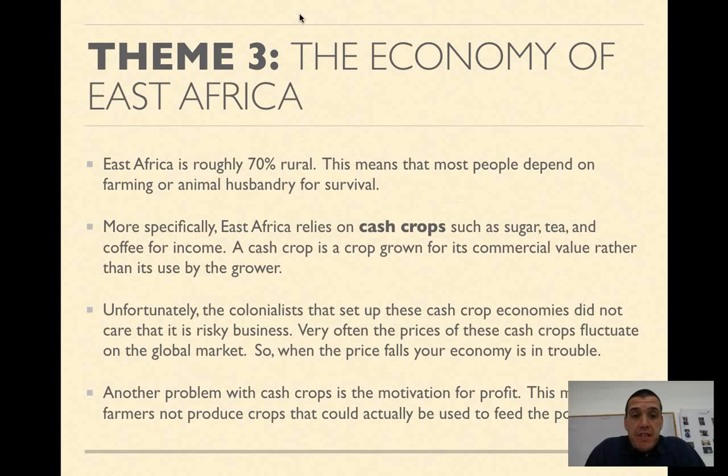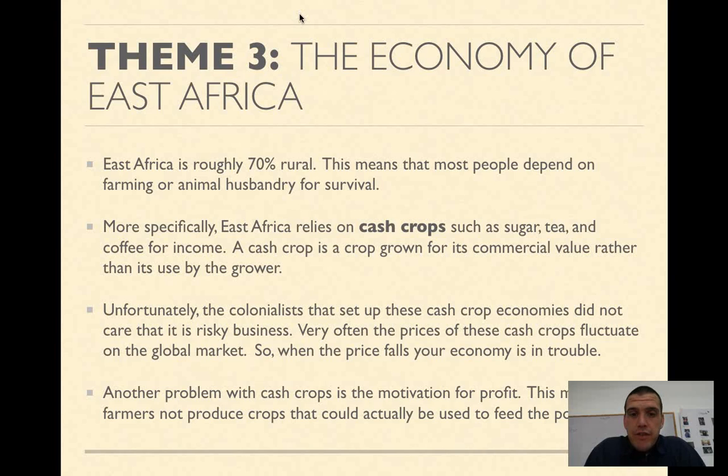More specifically, East Africa relies on something called cash crops, such as sugar, tea, and coffee for income. Now, a cash crop is a crop grown for its commercial value rather than its use by the grower. In other words, the crop makes money.